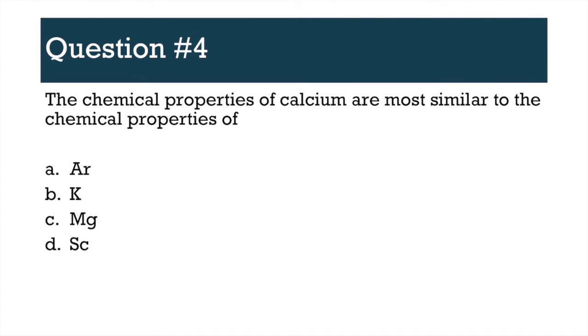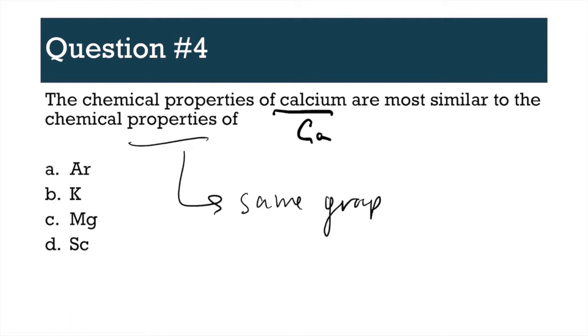Number 4 says the chemical properties of calcium, which is Ca, is most similar to the chemical properties of... again, you want to be in the same group or the same column. So calcium lives in group 2. Argon is group 18, can't be argon.